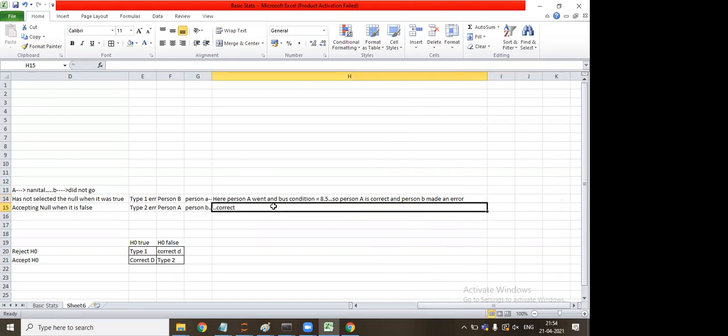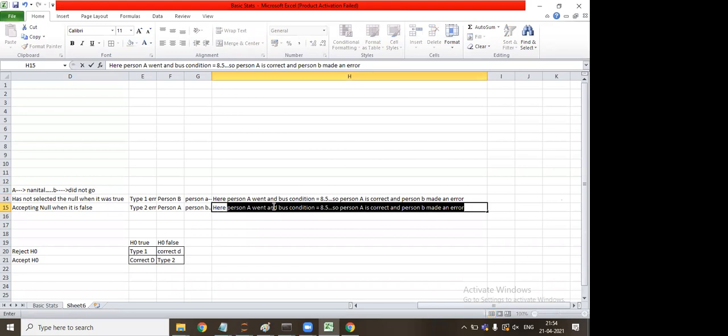In the second situation, person A went and the bus condition is 4.